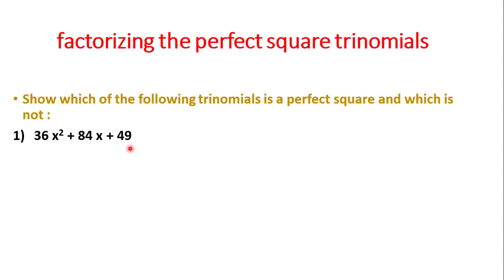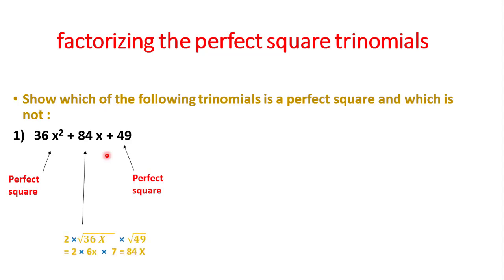Another exercise: show which of the following trinomials is a perfect square and which is not. The first one. Here we have the first term, 36x^2, a perfect square. The third term, 49, is also a perfect square. Root 49 is 7. Let's calculate the middle term.